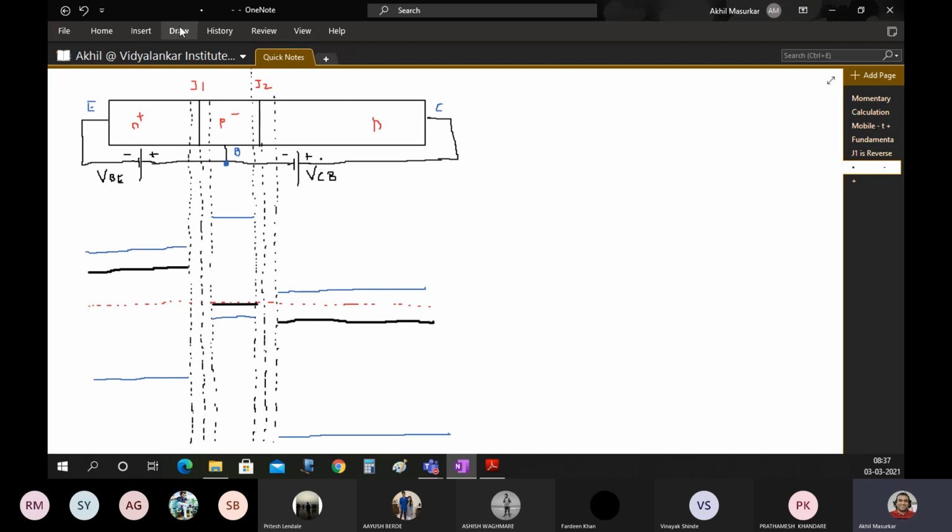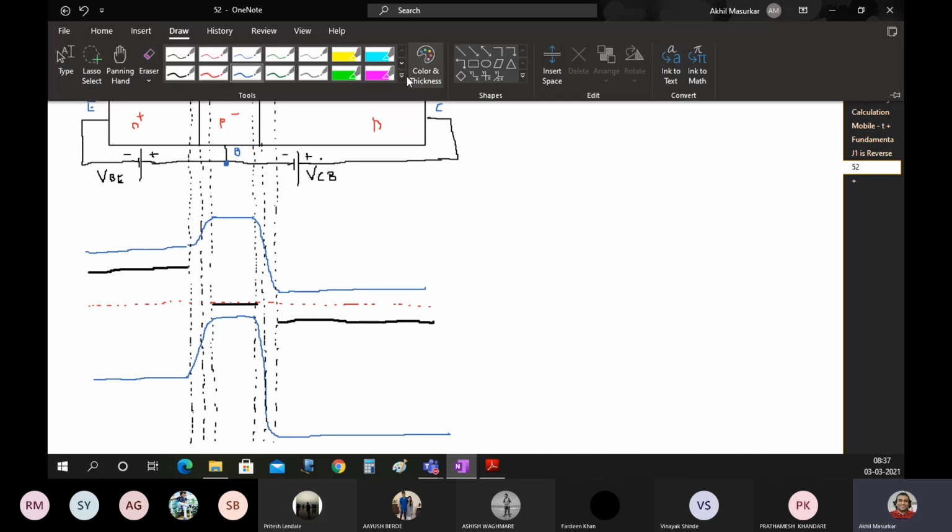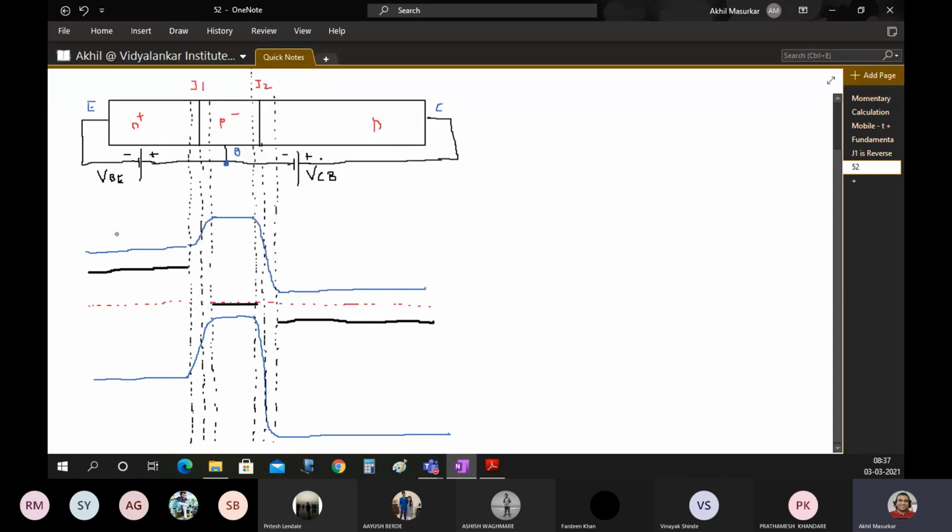Now what will you do? You will connect the conductions with conduction and valence with valence. So actually our conduction band is this way.